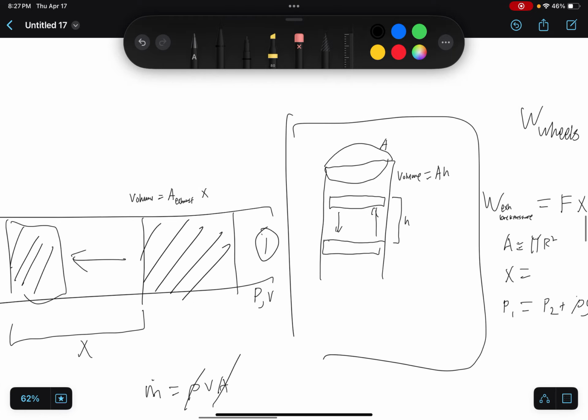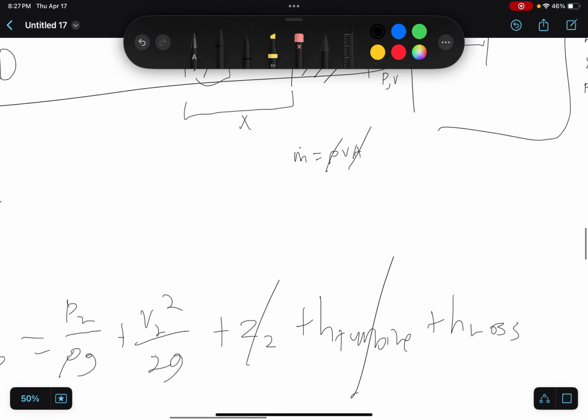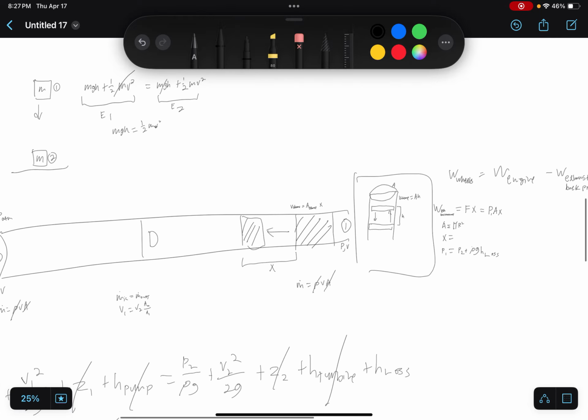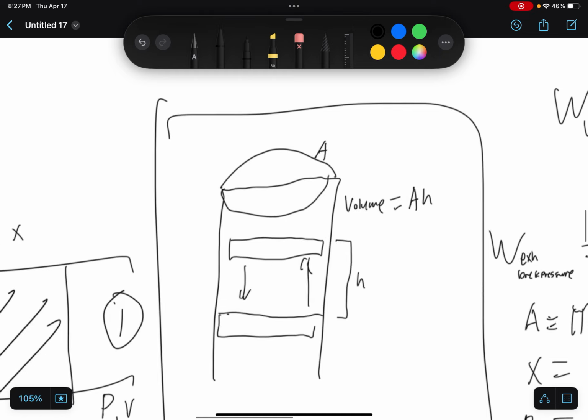If your engine is spinning at low RPM, where did I draw it? Yeah, I drew it right here.